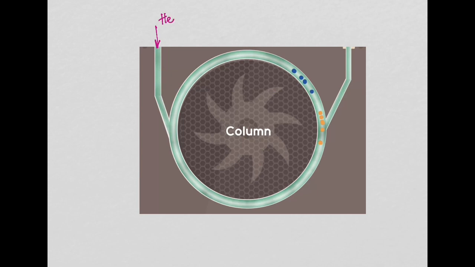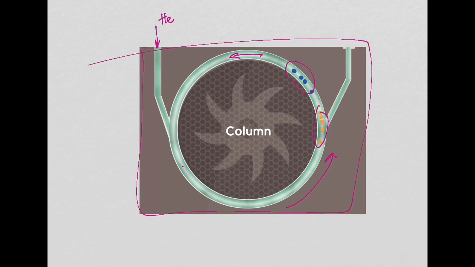This is the mobile phase, and as the gas moves through the column, it's going to separate the components. And in the column you have the stationary phase, which is the liquid coated on the long thin capillary tube that is inside an oven here.